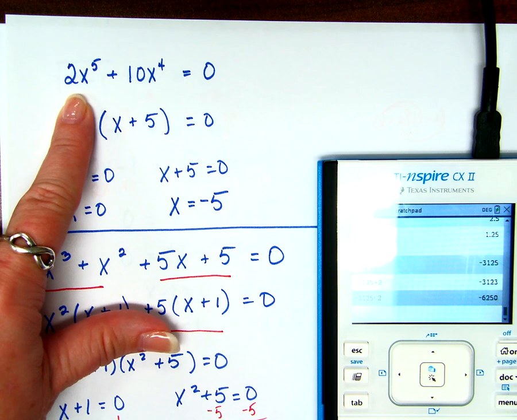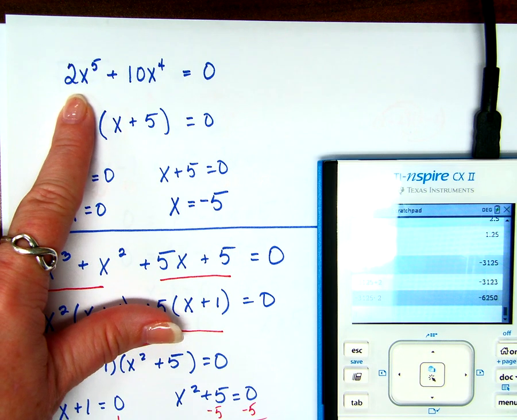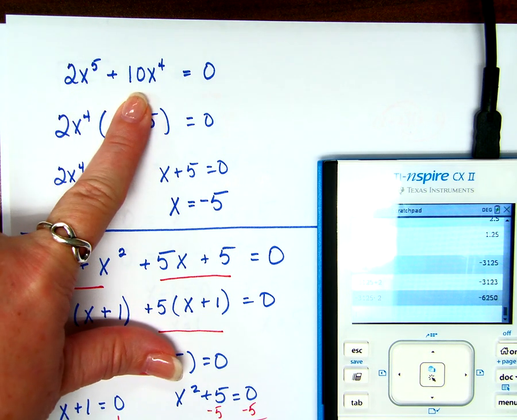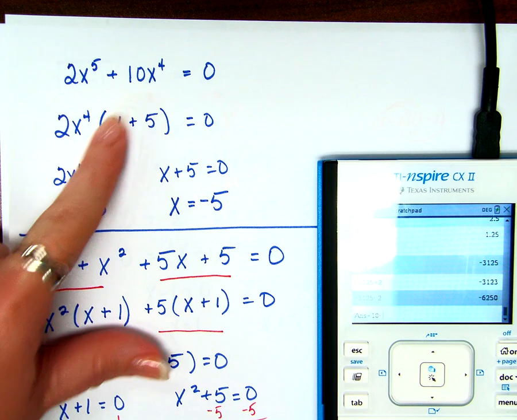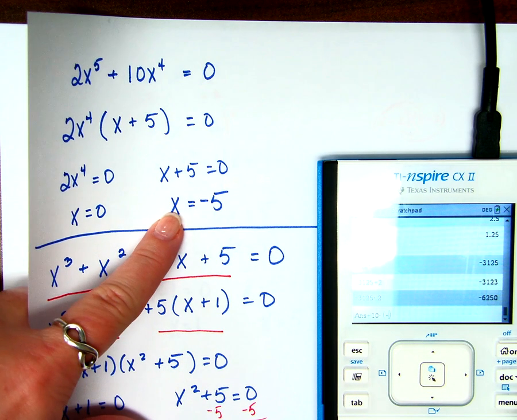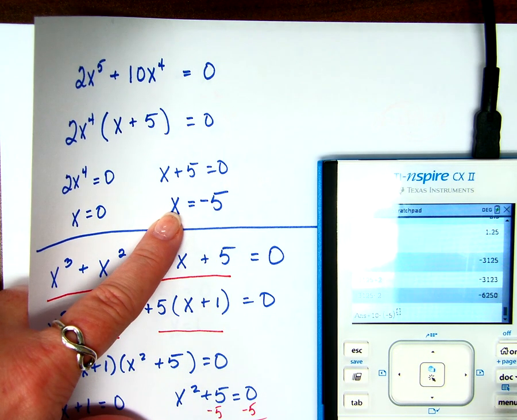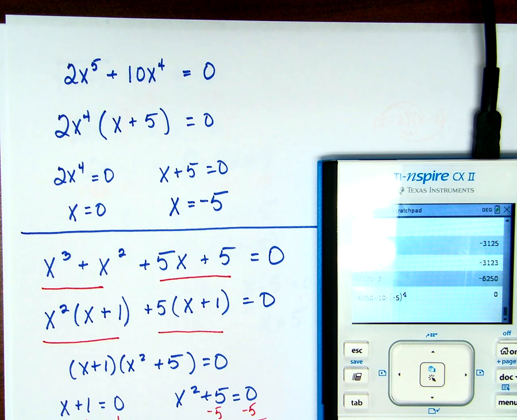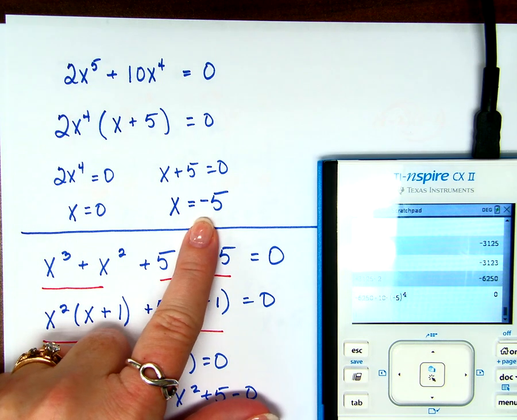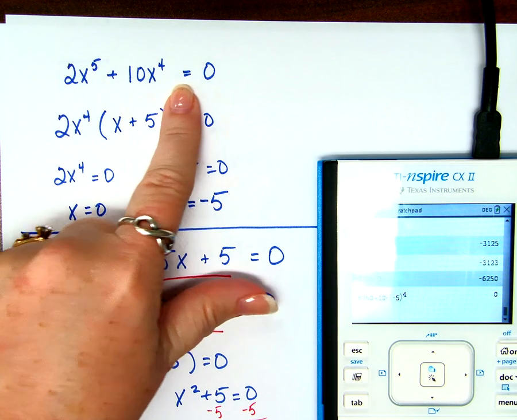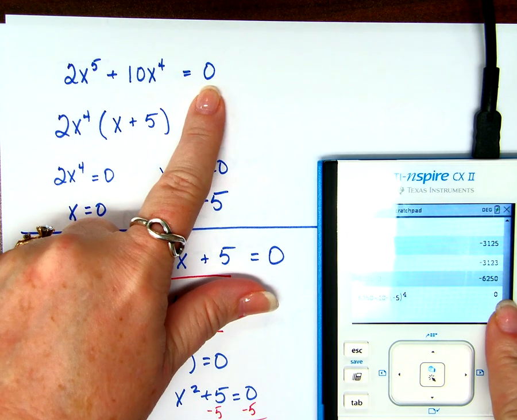There. Negative 6,250. Then I need to add 10 times negative 5 to the 4th power. That equals 0. So does that one work? This plus this equals 0. I got 0. 0 equals 0.